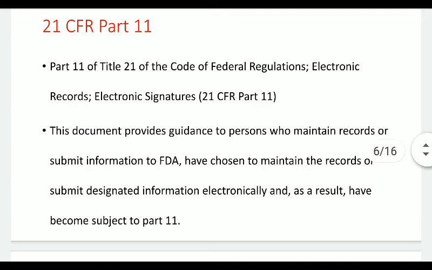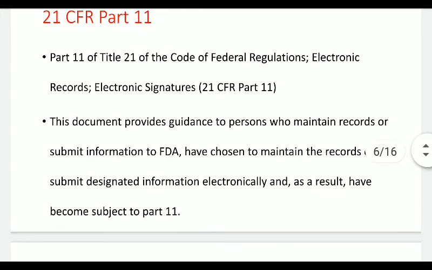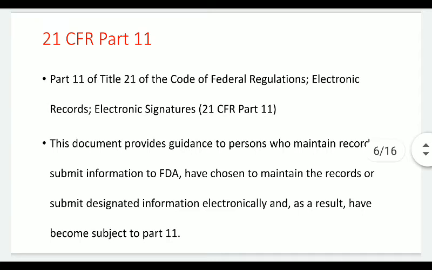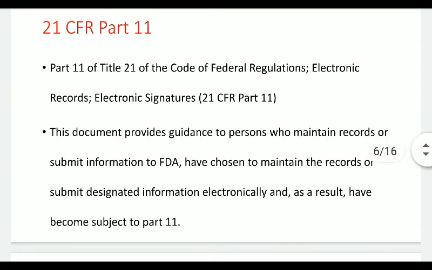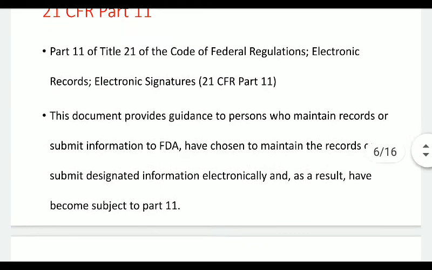Now this particular part of CFR, that is 21st CFR part 11, is mainly associated with electronic records and electronic signatures. So you can say that when someone is referring to 21st CFR part 11, it gives guidance or instructions pertaining to the preparation, maintenance and retention of electronic records and electronic signatures.